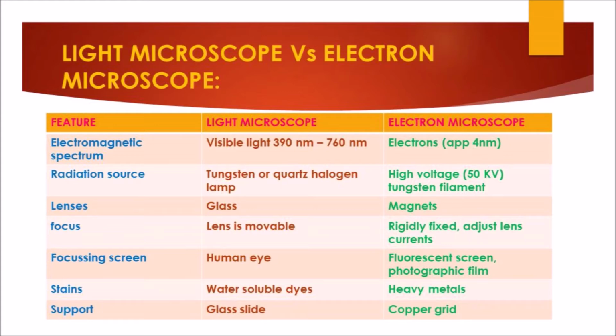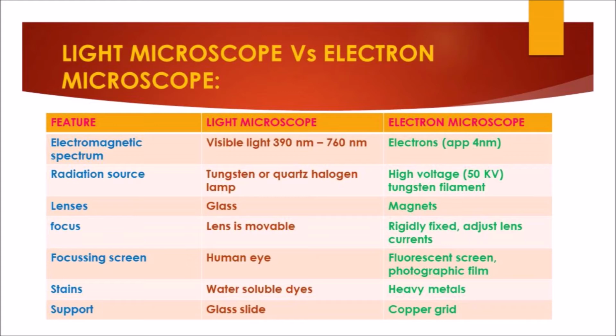Next, we will see the comparison of the light microscope and the electron microscope. In the light microscope, the electromagnetic spectrum range, that is visible light, is 390 nanometers to 760 nanometers. In the electron microscope, it is approximately 4 nanometers, that is electrons.